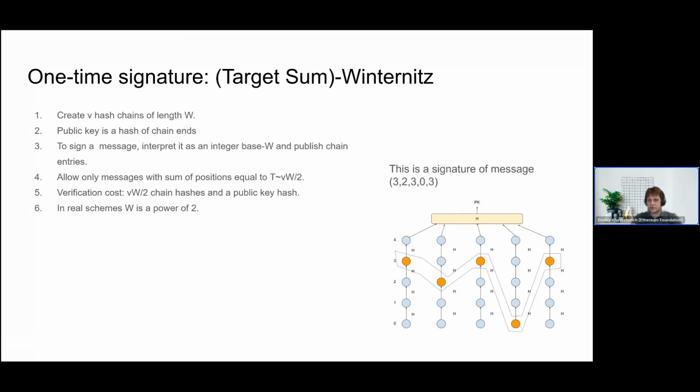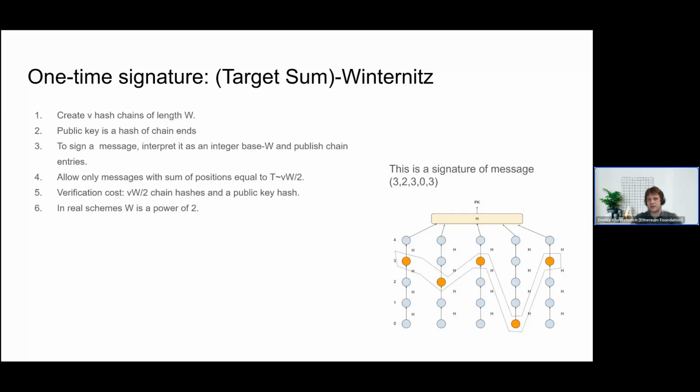Okay, so what is the question that they ask? Why is this scheme quantum proof? The security of the scheme is based on the one-wayness of the hash function H, because almost the only way to forge a signature is to find a pre-image to an already published signature.